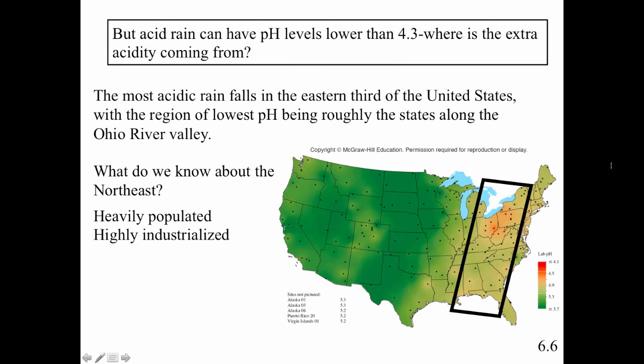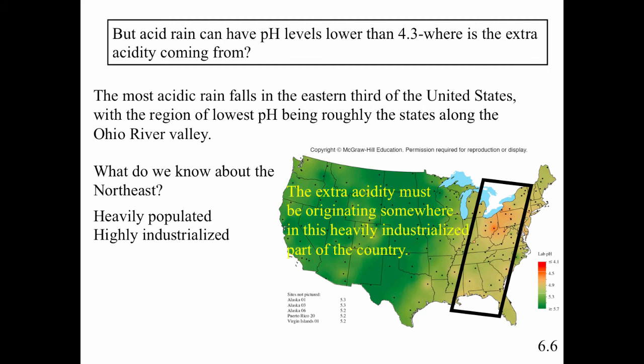So this region of the country is heavily populated and highly industrialized. And we think that this may have something to do with why we have acid rain in that region of the country. Where is this extra acidity coming from? Think about what it means to be heavily populated. Now we have a lot of people, and people drive cars.